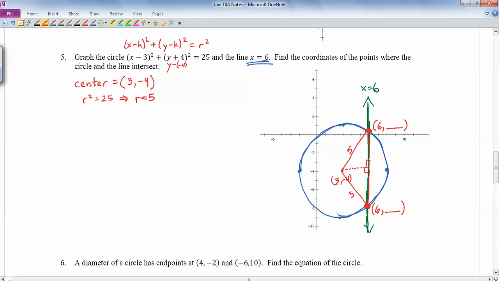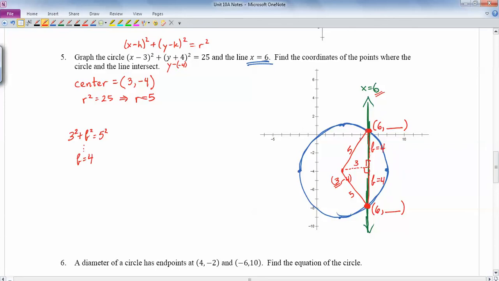When I go to the right, the x's change from 3 to 6. So that's 3 across. Then I can solve for the up and down parts, the vertical parts of those triangles. So it'd be 3² + b² = 5². When you solve for b, I'll just tell you now, it comes out to be 4. So this is 4, and this is 4.